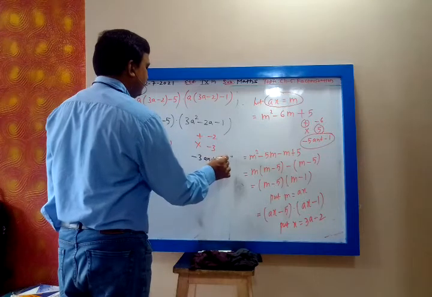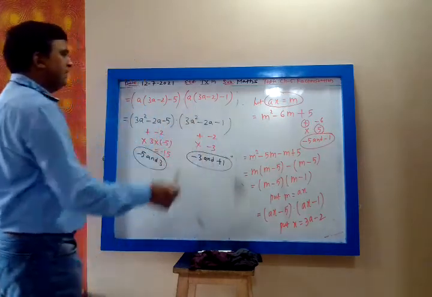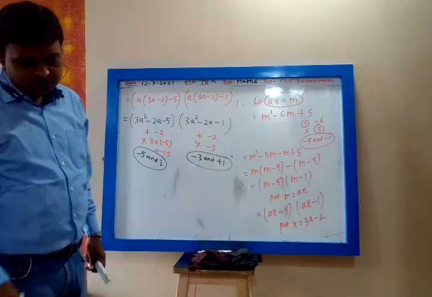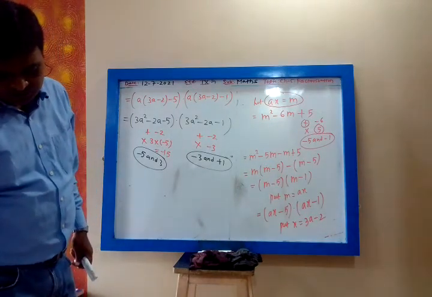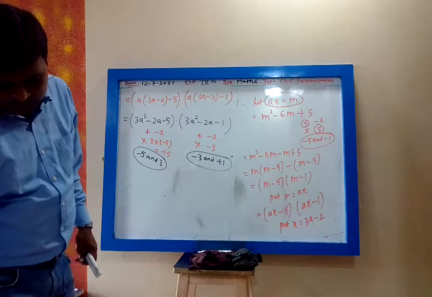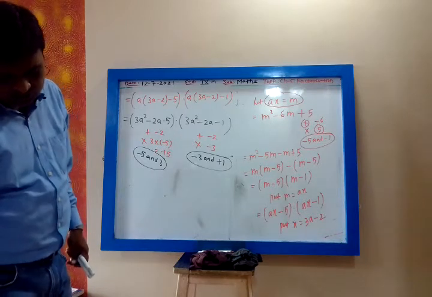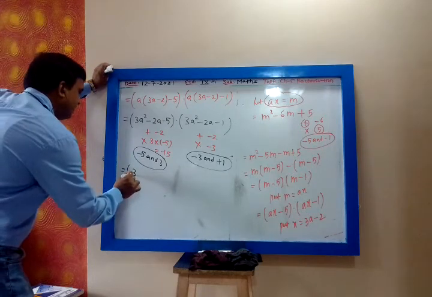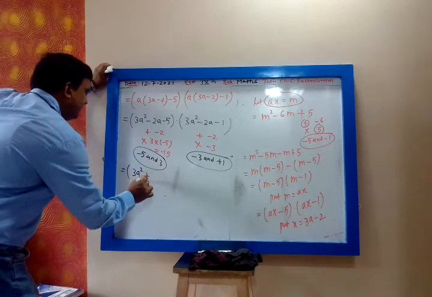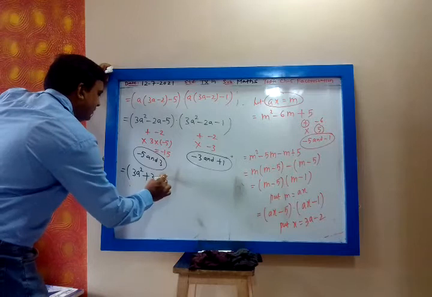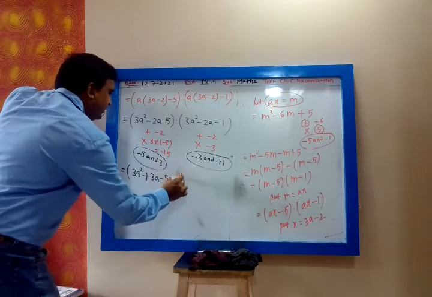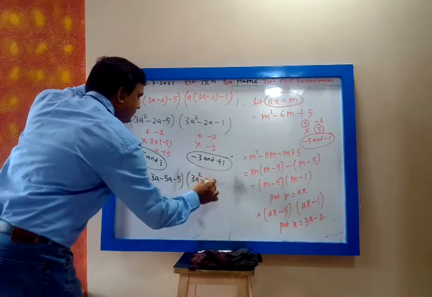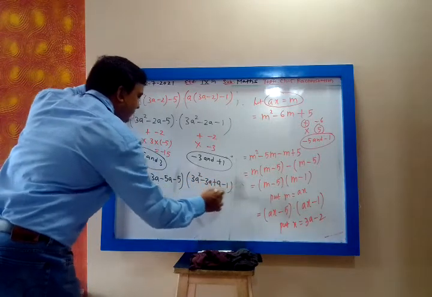When you add, you will get minus 2. So this I will write 3a square plus 3a minus 5a minus 5. And this I will write 3a square minus 3a plus a minus 1.